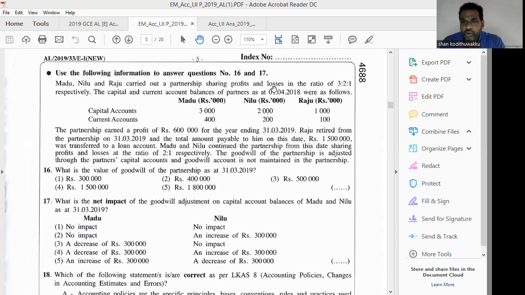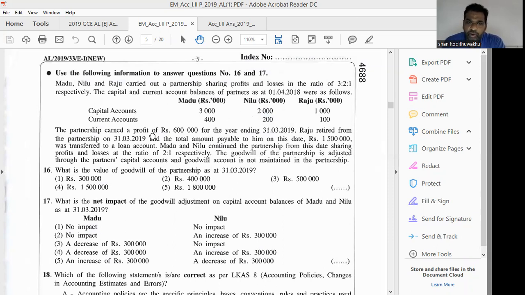You are given opening balances of both capital accounts and current accounts for Madhu, Nilu and Raju. And the first question asks you to find the partnership goodwill as at 31st March 2019.